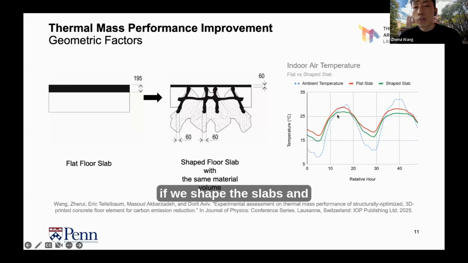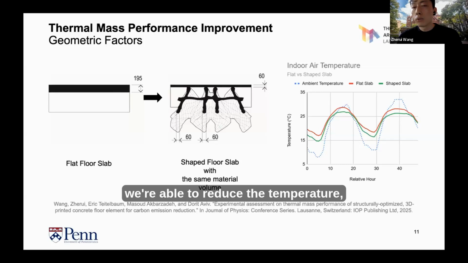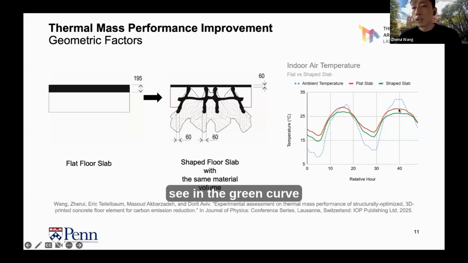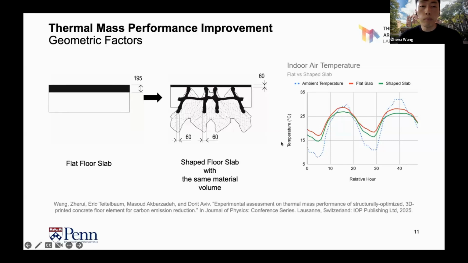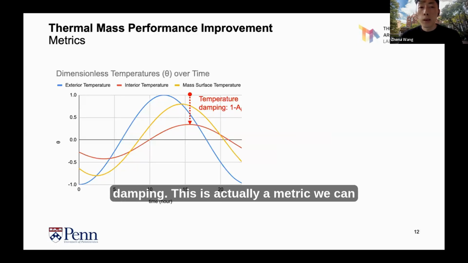However, if we shape the slabs and expose the material to the ambient more, we're able to reduce the peak temperature substantially, as we see in the green curve over here. This is called temperature damping.